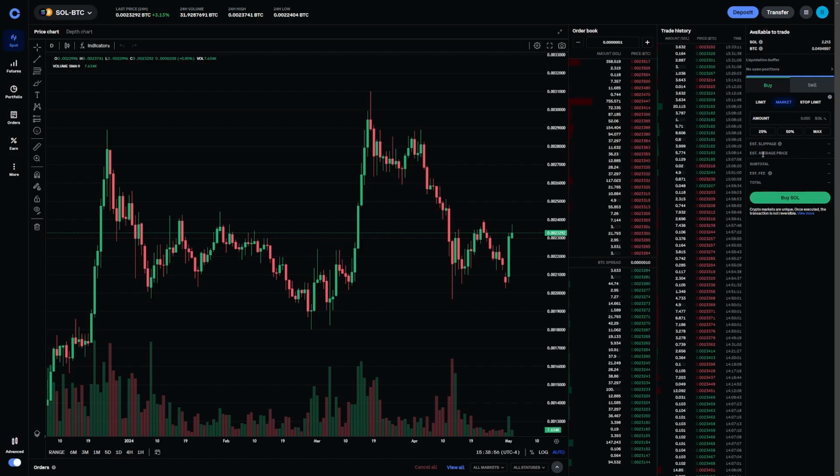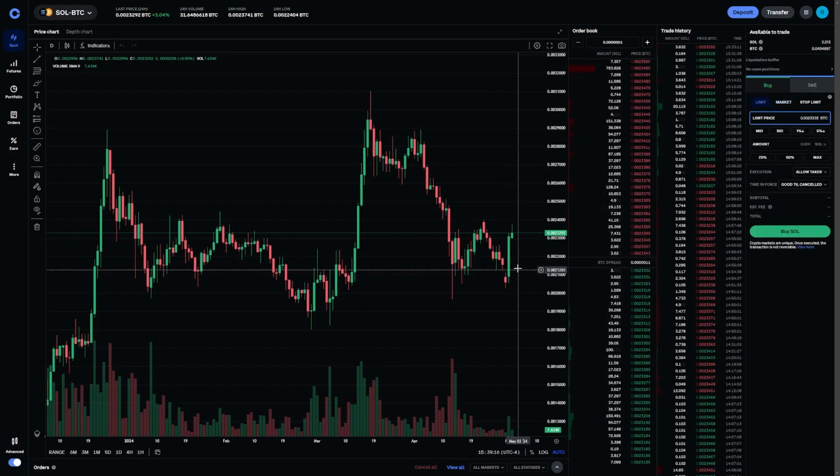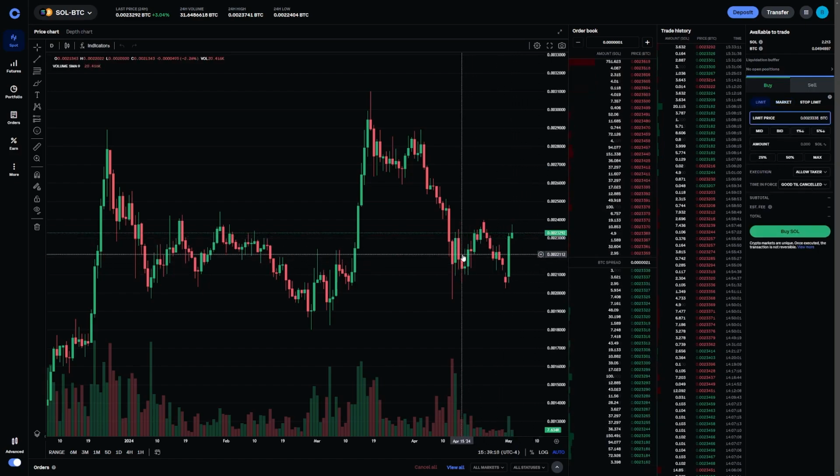So the way to think about this is that you can typically prioritize getting filled at a specific price or at a specific time. Market orders are more so time hasty as opposed to being price specific. So it's going to say, hey, whatever the fastest fill is around the current price, that's where you're going to be getting filled at. And limit orders are the exact opposite. They're going to say, hey, regardless of time, we're going to be focused on a specific price.